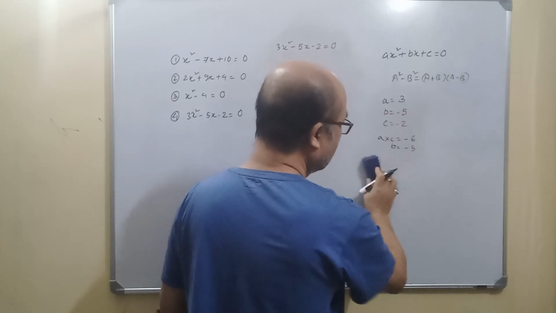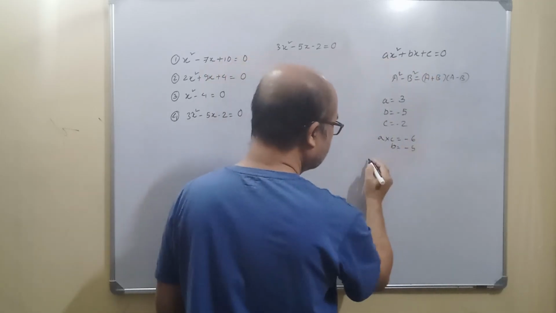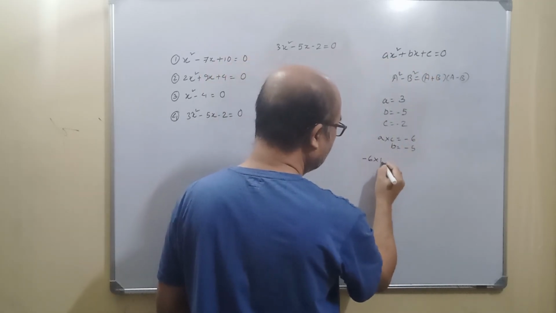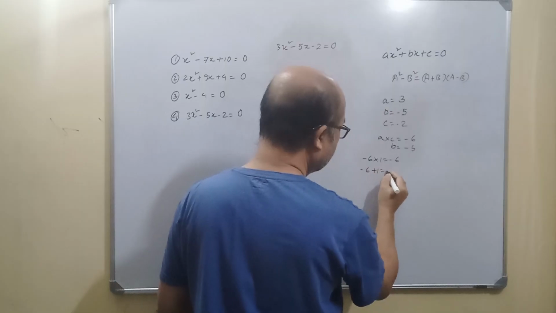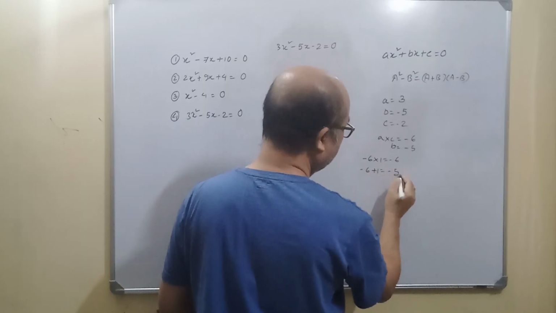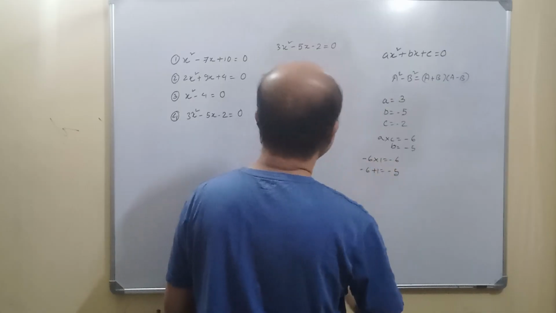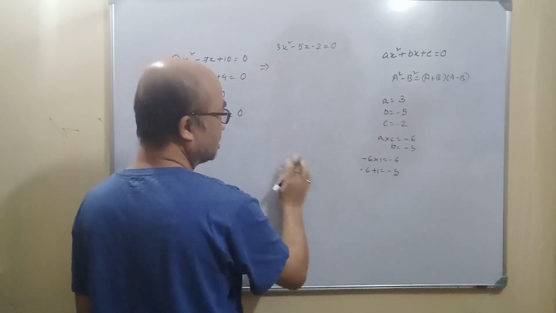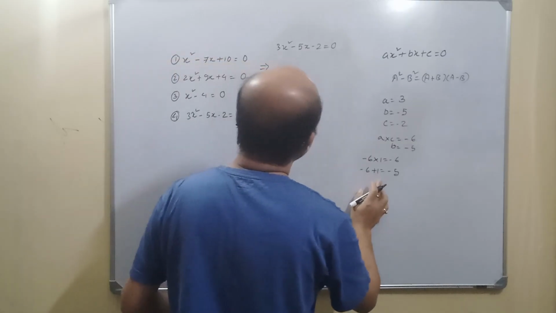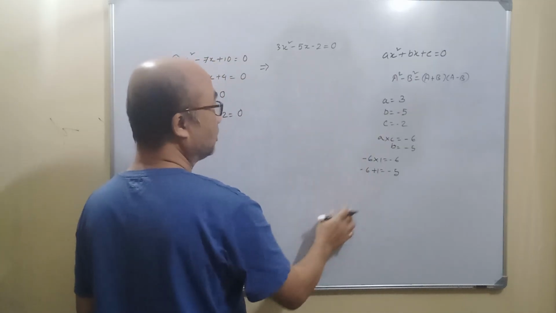So minus 6 into 1 is minus 6, and minus 6 plus 1 is minus 5. So the numbers will be minus 6 and 1. So it is a little bit different. We have to find out the middle term carefully.